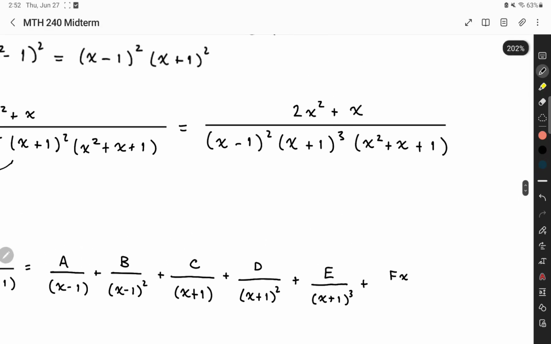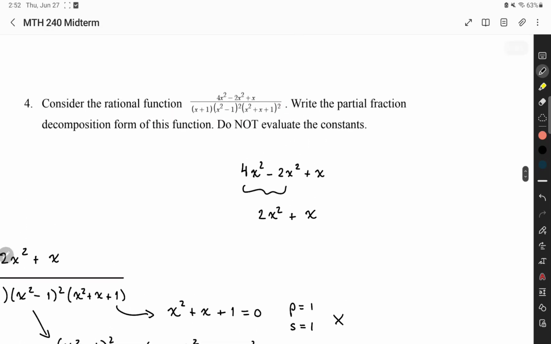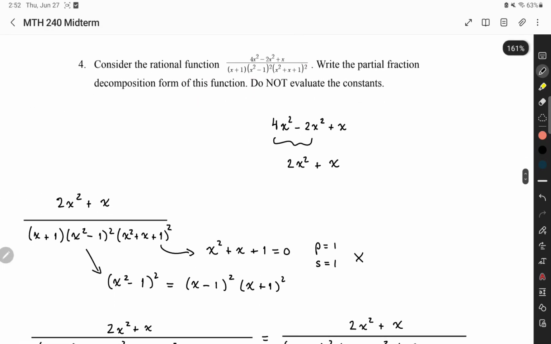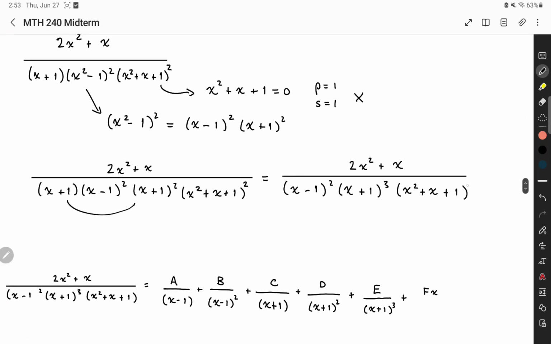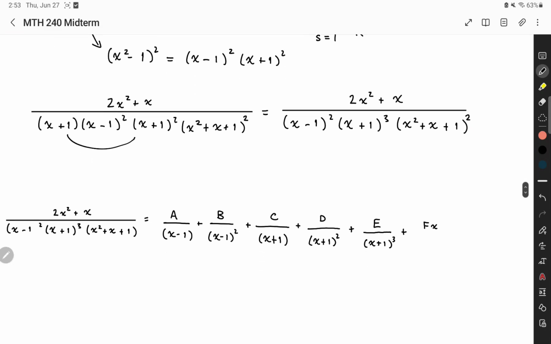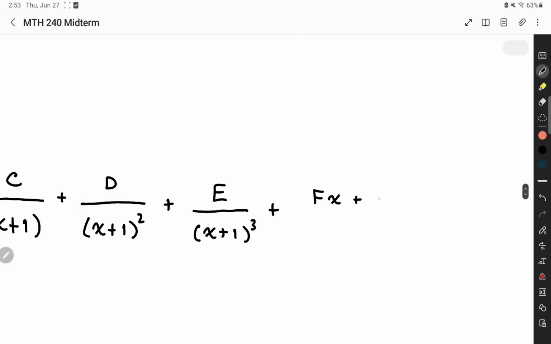Oh, wait, hold on. There is a squared there. That is very important. Oh, that is a mistake. There. So we'll have Fx plus G over x squared plus x plus 1.